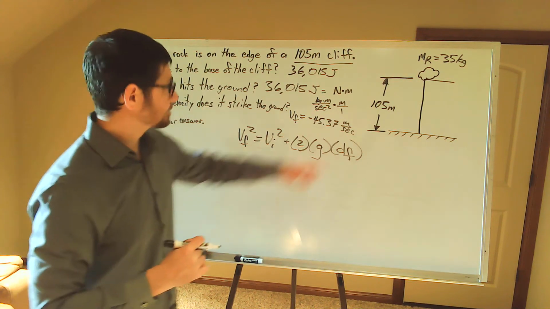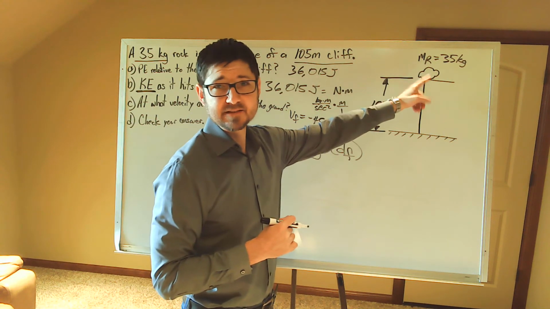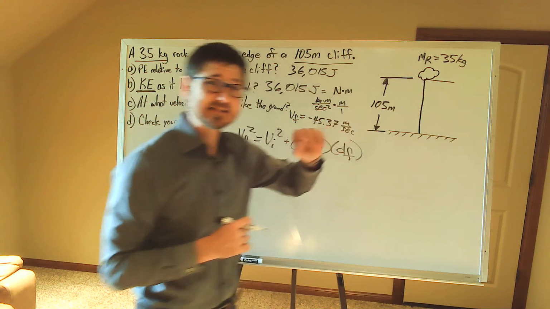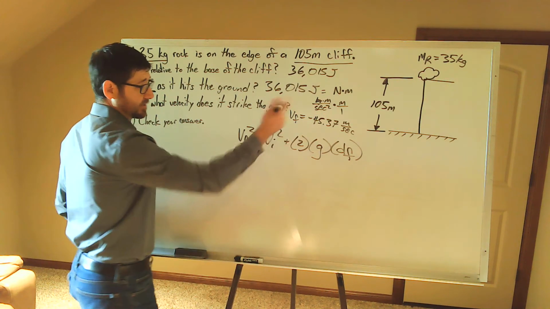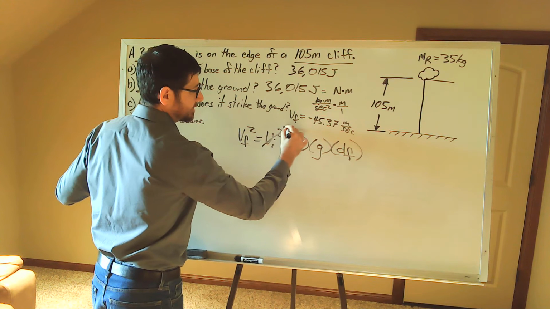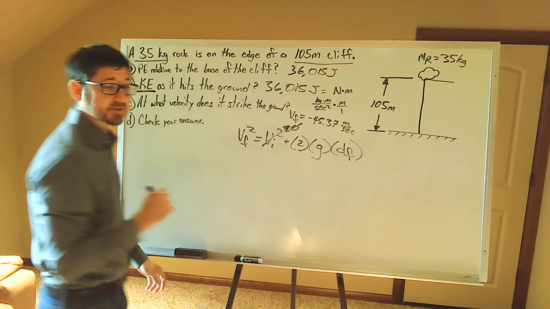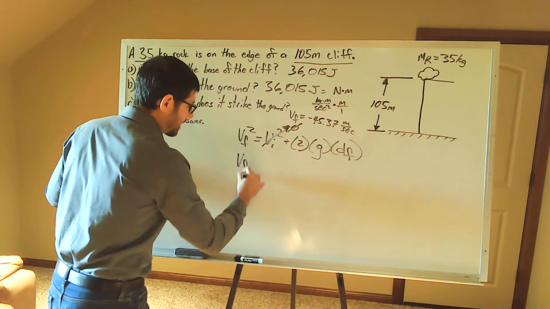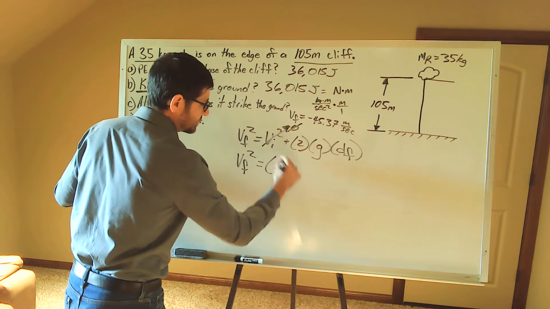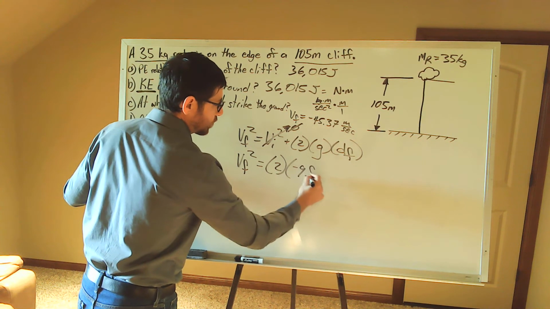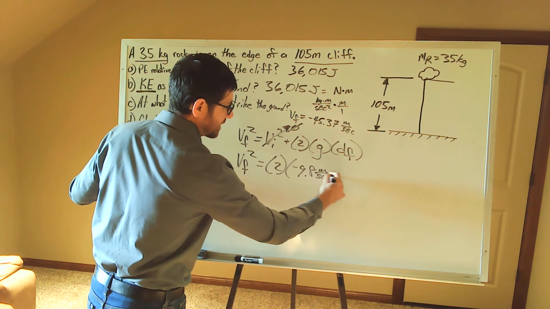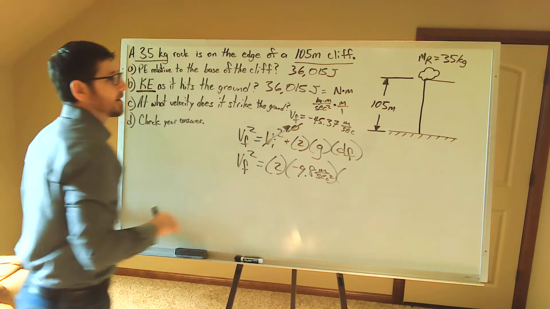And we know right up here the initial velocity of the rock is 0 meters per second. So 0 squared, we can go ahead and get rid of this guy. This goes to 0.